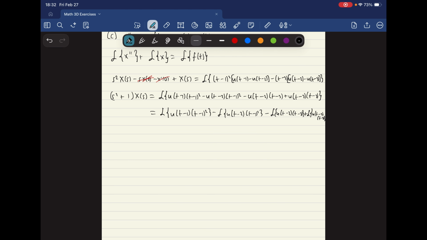Now, here we need to remember something about the Laplace transform called the second shifting property.